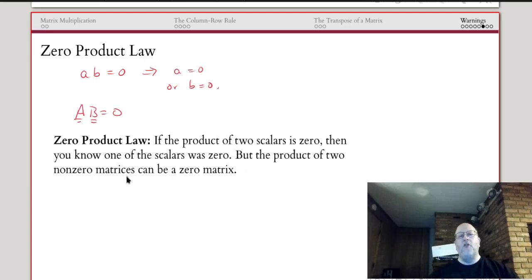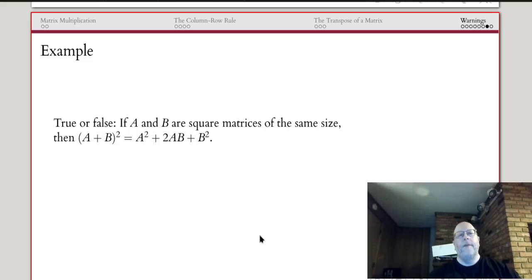The product of two non-zero matrices can be 0.